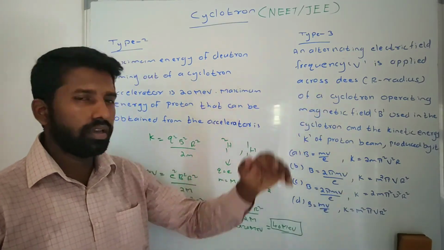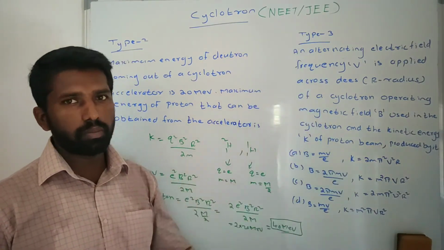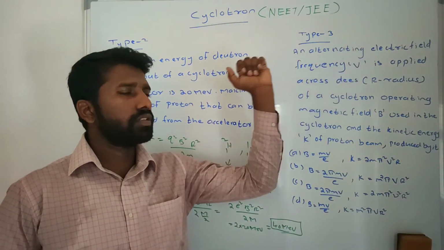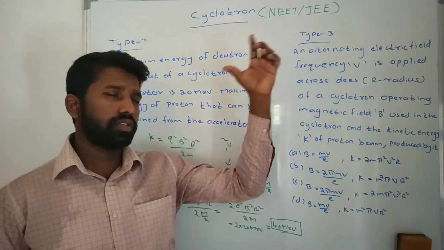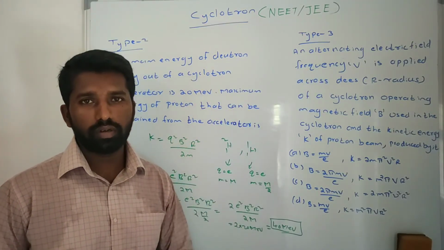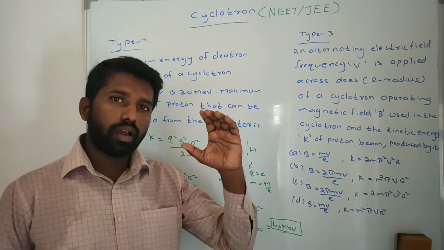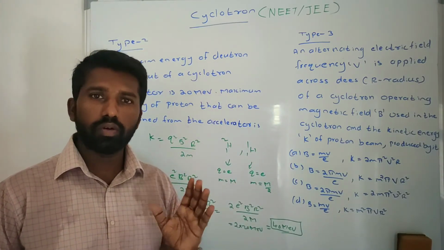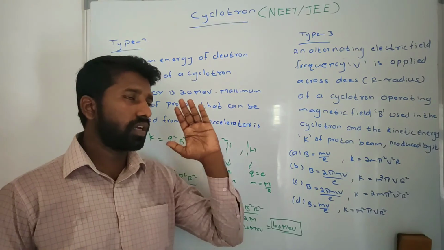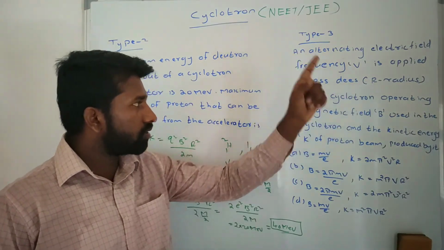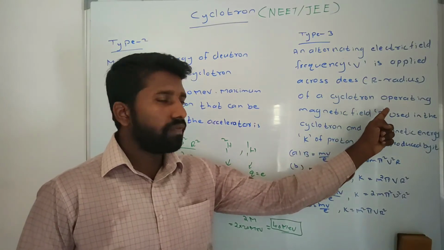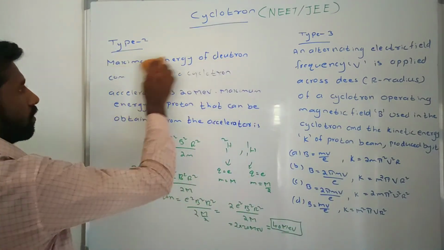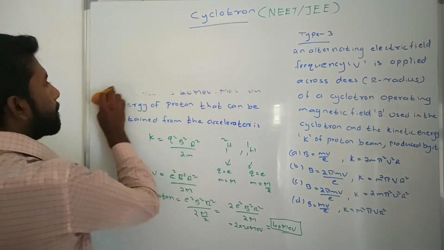For a cyclotron, the applied electric field frequency is equal to the cyclotron frequency, because that is necessary for the proper working of the cyclotron. Then the radius is R and the operating magnetic field is B, and the kinetic energy of the proton beam is being accelerated. We will see how to solve this problem.